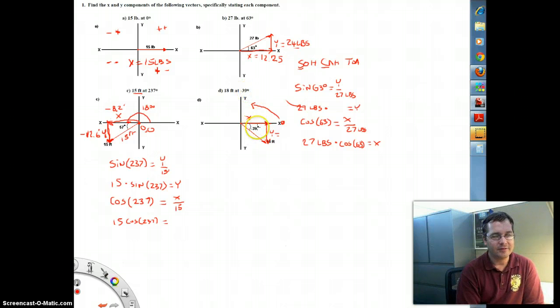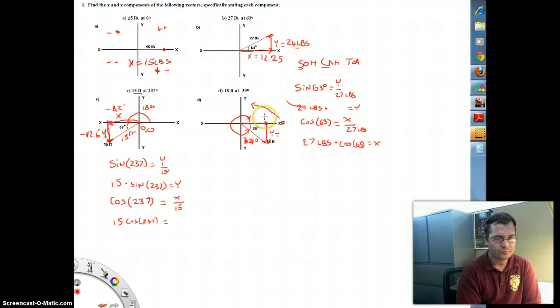So one way to get this angle is you could take 360 minus this angle. So you'd find that effectively, this angle all the way around from 0 to here is 321 degrees. Okay, so that's what we'll use for our functions.